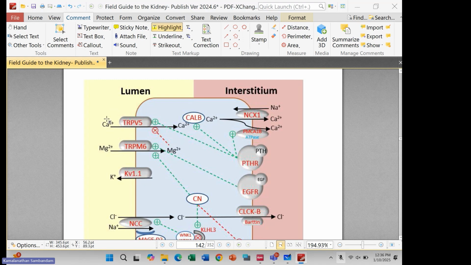So I'll say this from two different dimensions, that hypocalciuria is not a perfect test for targeting DCT versus thick ascending limb as the source, or the site of the magnesium deficiency, right? One reason is, what happens if I have a defect in basolateral transport of magnesium?